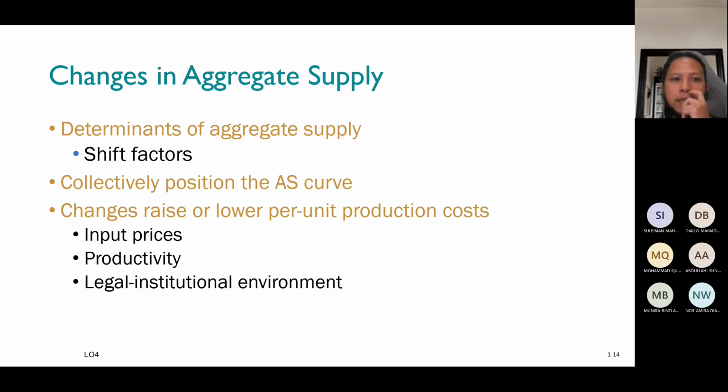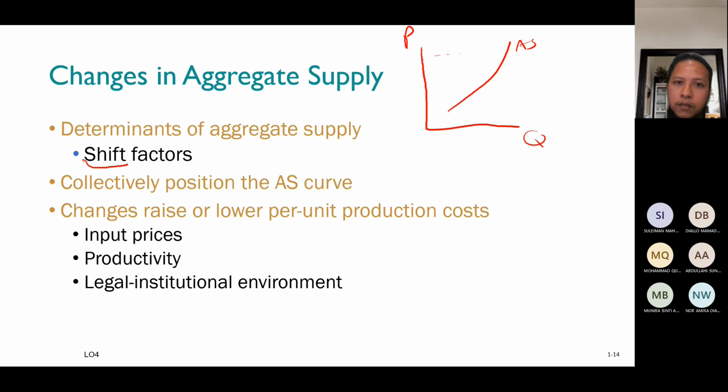Basically the changes in the aggregate supply are determined by other things besides price levels. So price levels do change the aggregate supply, but we have the price here, we have the quantity here, we have the aggregate supply here.